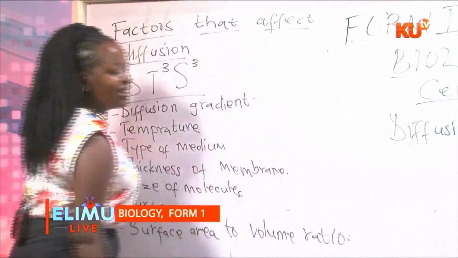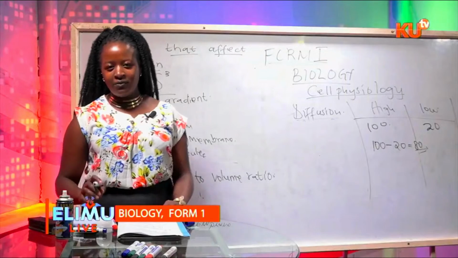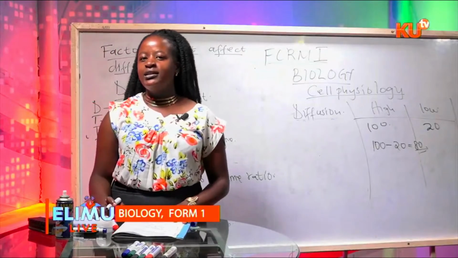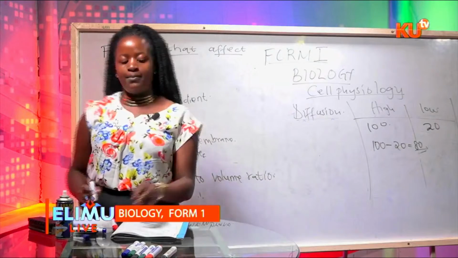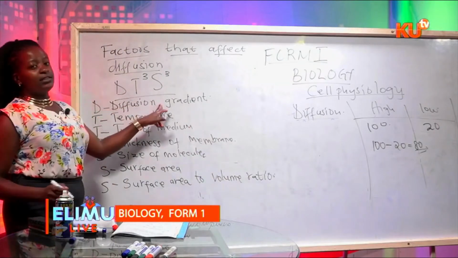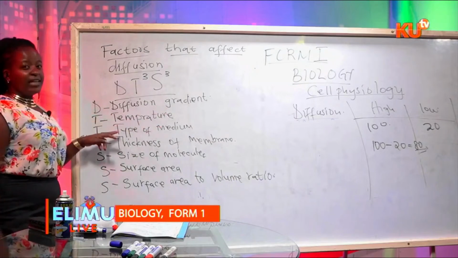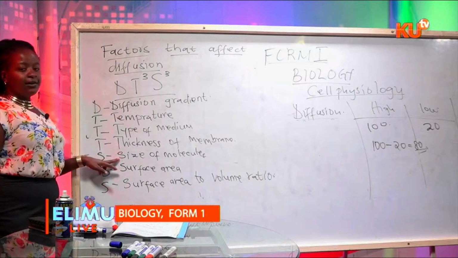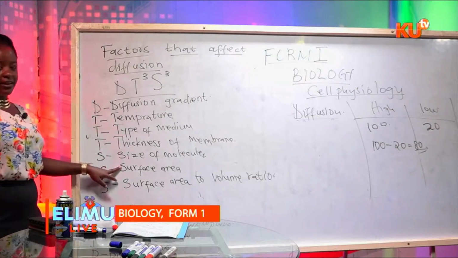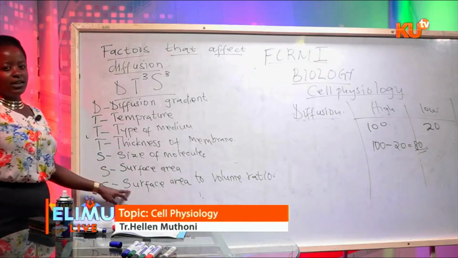So these are the 7 factors that affect the rate of diffusion. So we can state them first, then we are going to explain each of them. Diffusion gradient, also called concentration gradient, temperature, type of medium, thickness of membrane, size of molecules, surface area, and lastly, surface area to volume ratio.